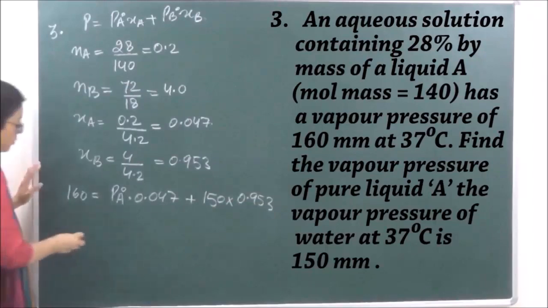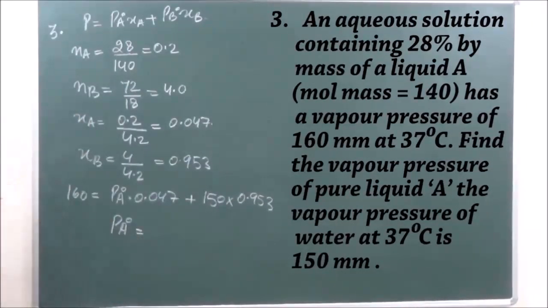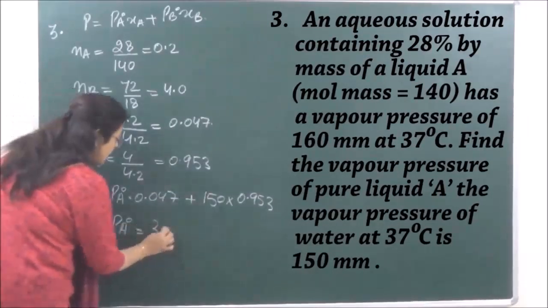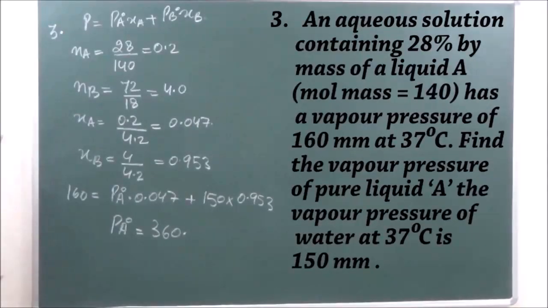So when we calculate this, PA naught becomes equal to 360.15 mm of mercury.